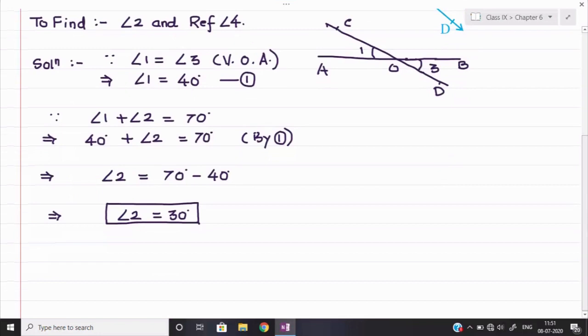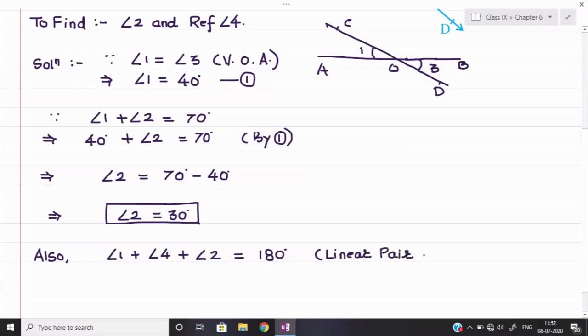So here we shall write angle 1 plus angle 4 plus angle 2 equals 180 degree. Here you can give the reason: linear pair of angles, because all three angles form a semicircle, and hence their value will be equal to 180 degree.